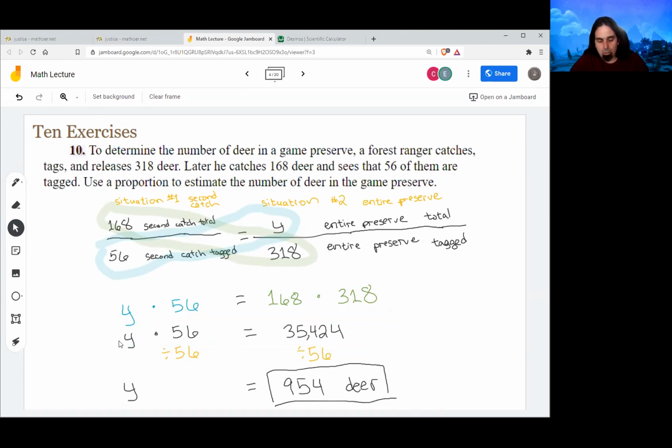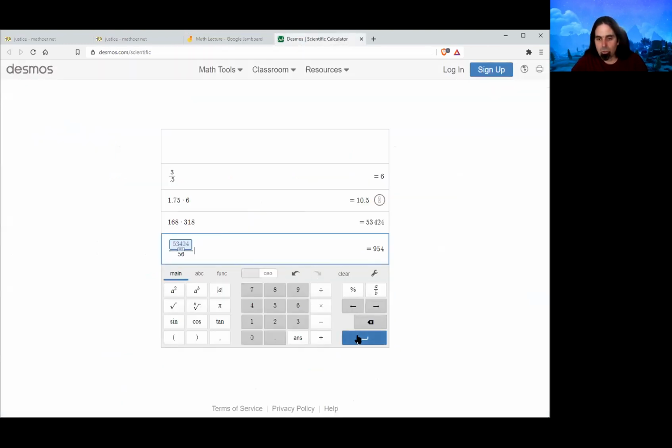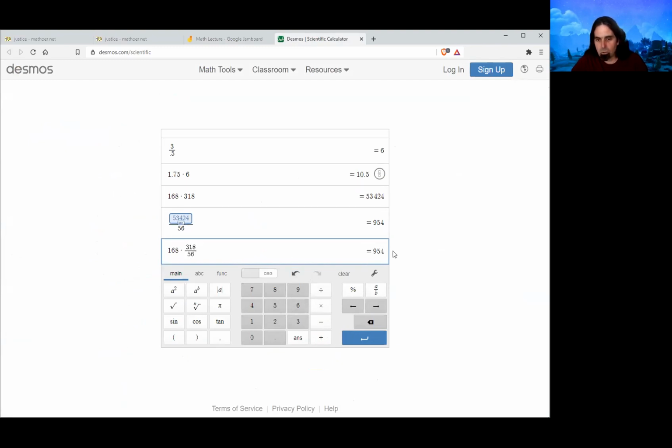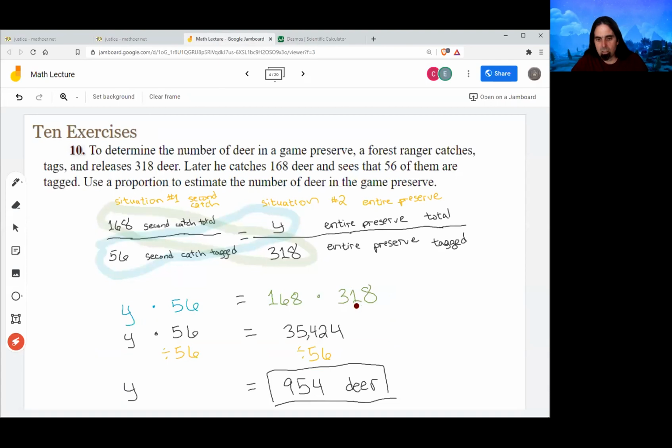Then you can leave out the black line and just say that we're going to have this times that divided by that. And the fact that it was 35,424 doesn't really matter. You would just do on your calculator the 168 times the 318 divided by the 56, all in one set of 3 things. We'll write more like that.